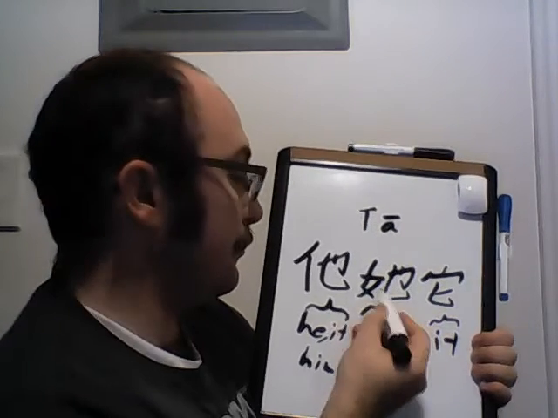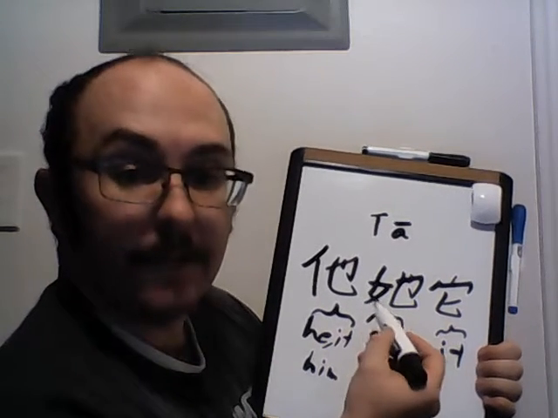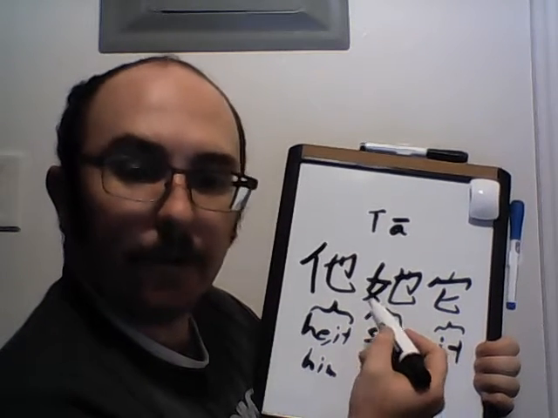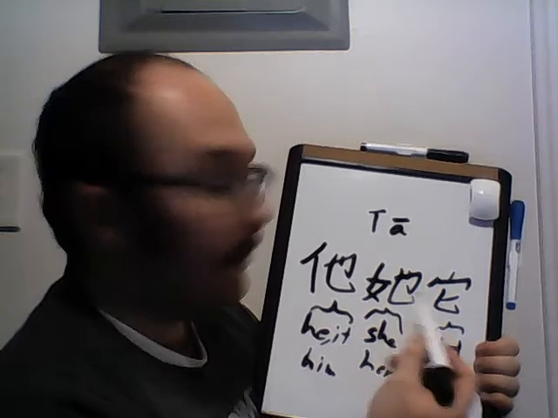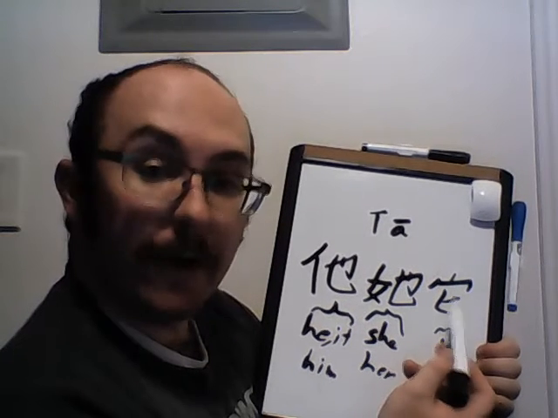So these 2, when in written Chinese, can only be used for humans. This can only be used for an object.